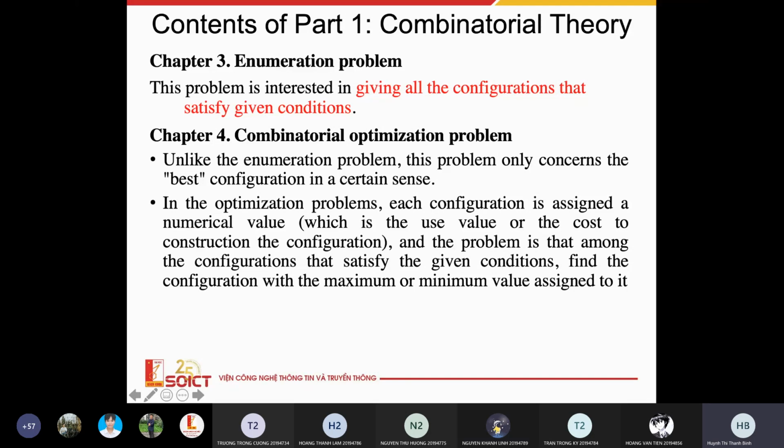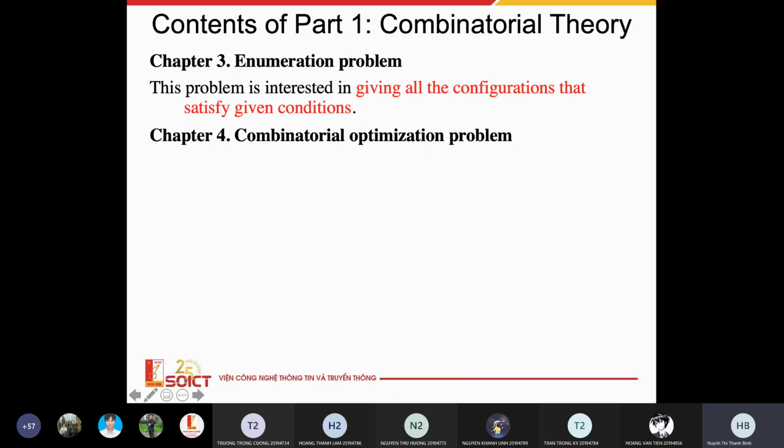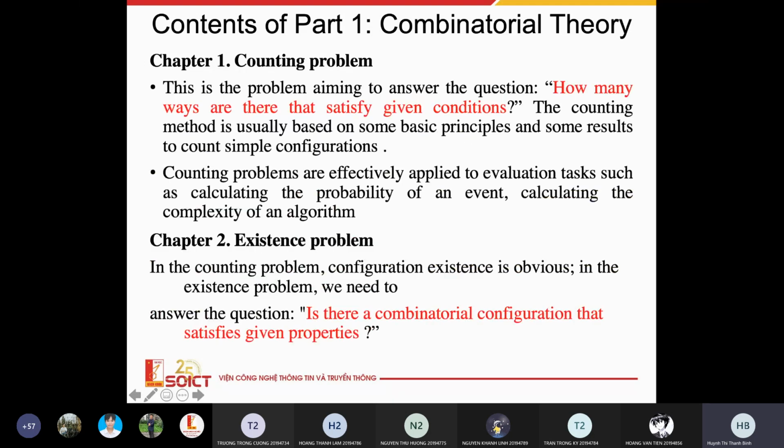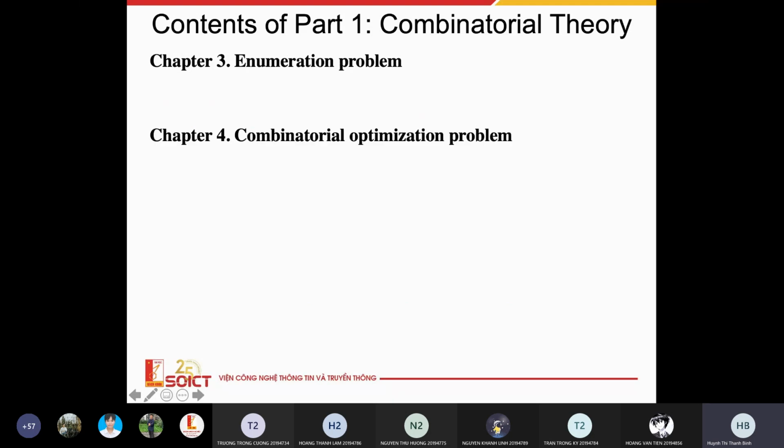Do you understand? Do you understand what the combinatorial optimization problem or enumeration problem is? The difference between counting and existence problems? If it's okay, we move to graph theory.